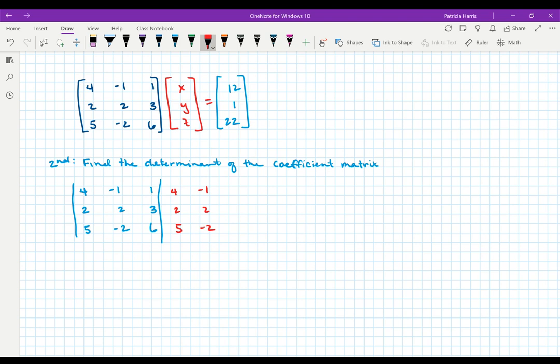So now we're going to do major diagonal and minor diagonals. So 4 times 2 times 6 is 48. -15, -4.